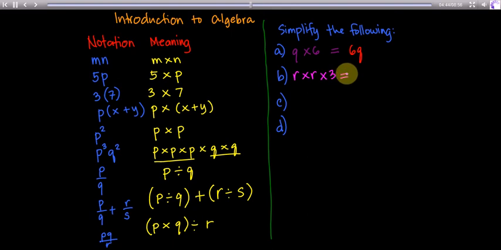What would be its simplest form? r times r is r squared, right? So we're going to have r squared times 3. Again, we have to write the number first. So we are going to have 3 times r squared, or 3r squared.